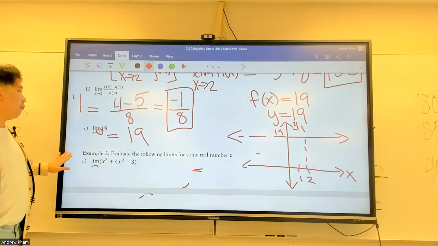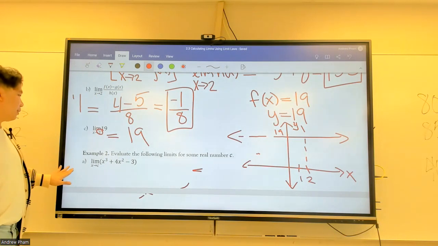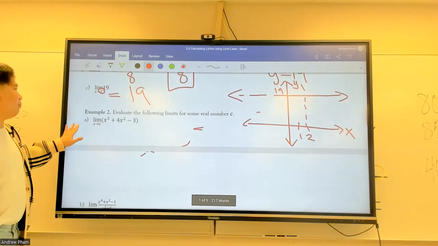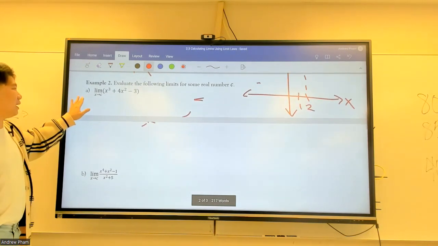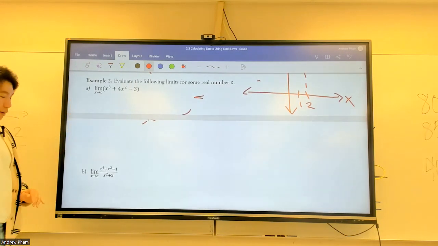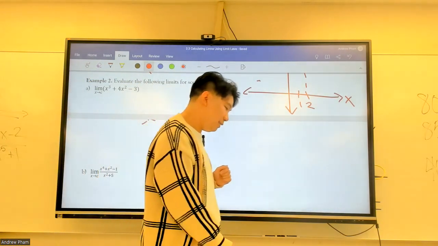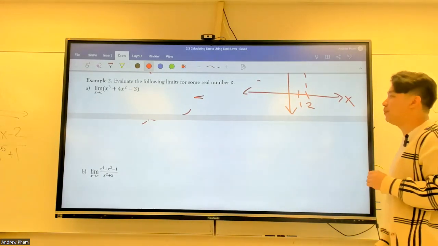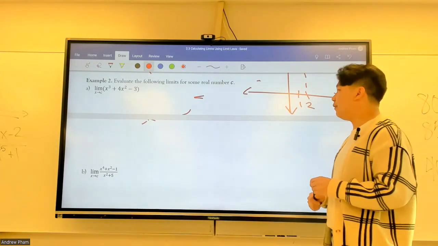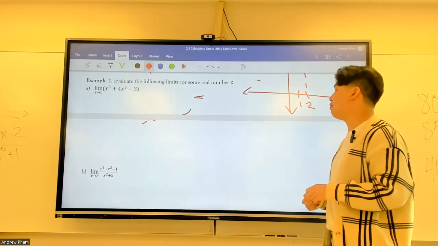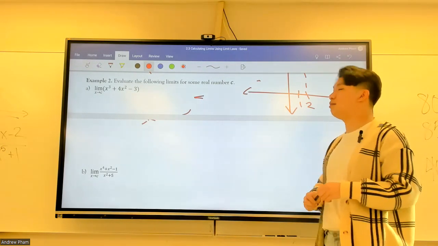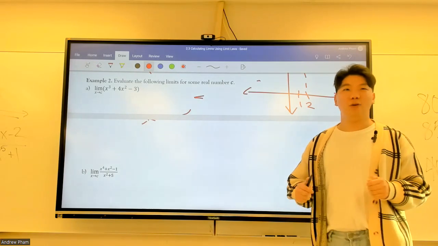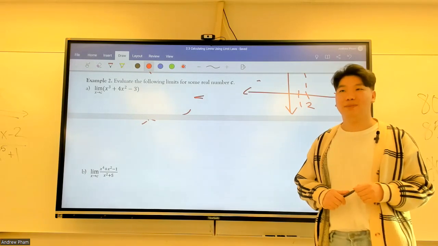All right, so we've done that example. Now let's put a little bit more effort into it. Let's go ahead and look at example 2 now. Evaluate the following limit for some real number C. I don't know what C is, I just know it's a number.